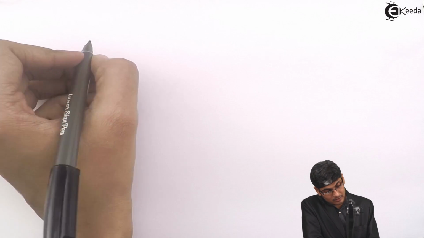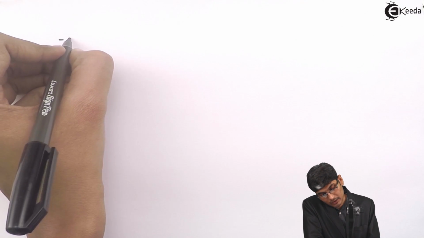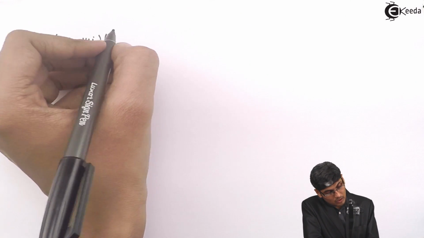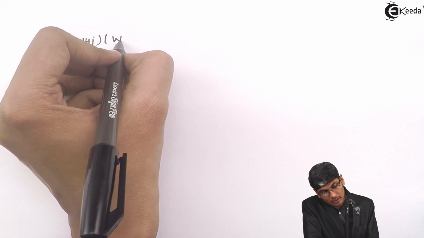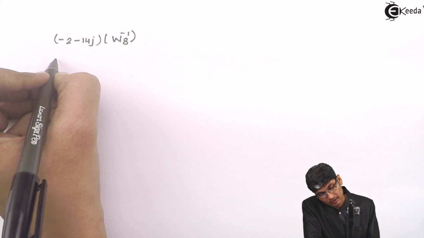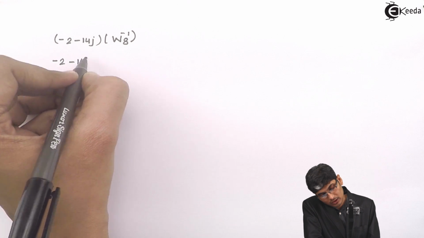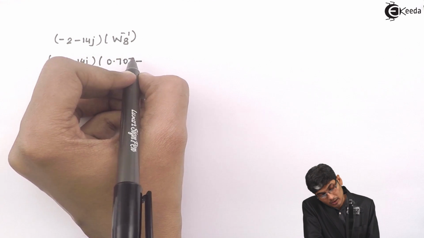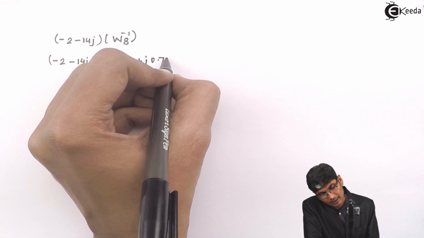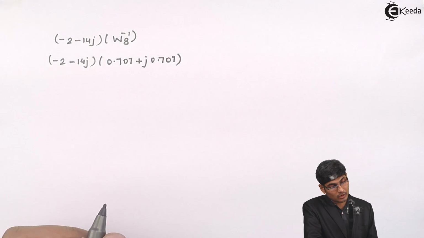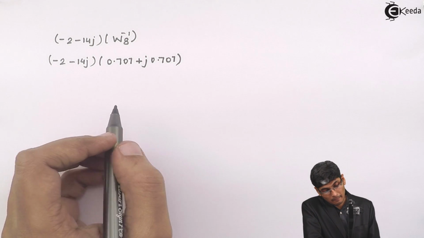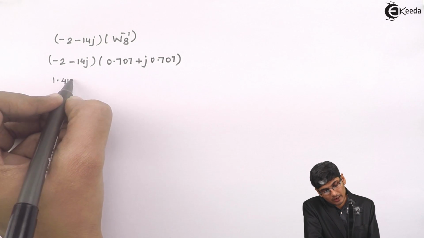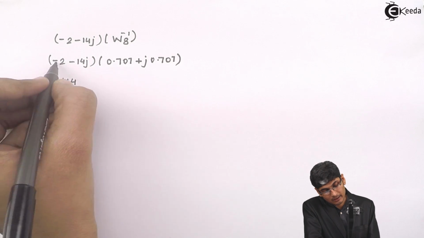So I have the number as minus 2 minus 14j, and I am going to multiply it with W8 raised to minus 1, which is nothing but minus 2 minus 14j getting multiplied by 0.707 plus j 0.707. Okay, now this value 2 into 0.707 will give me 1.414 with a minus sign because of this.